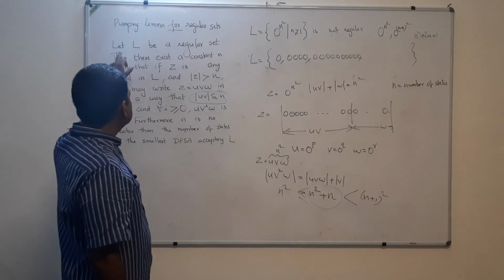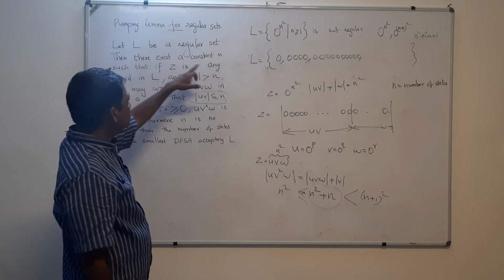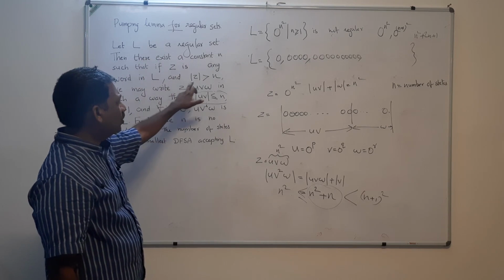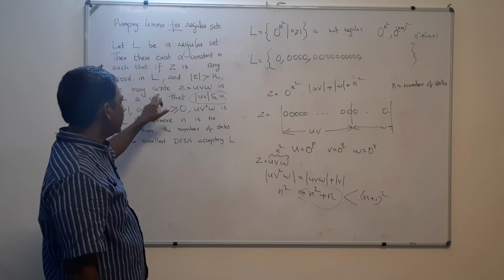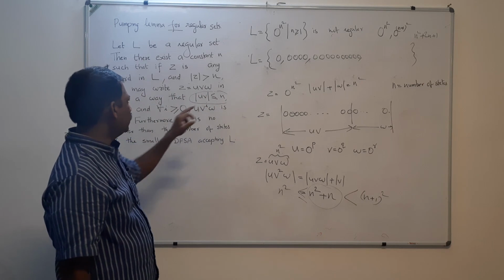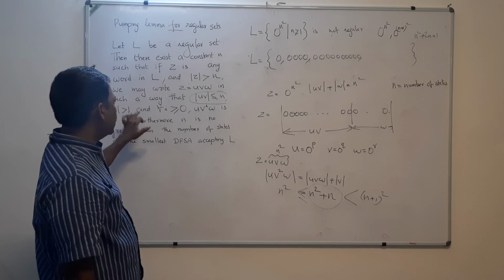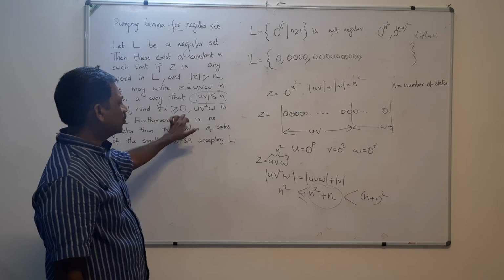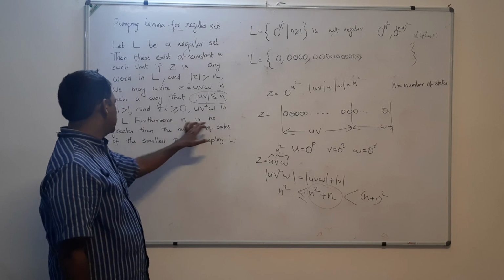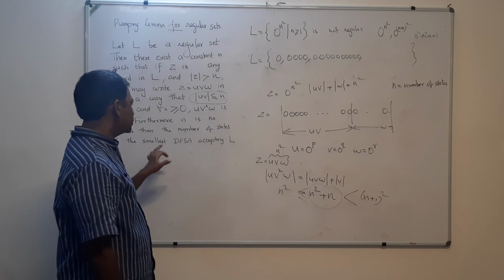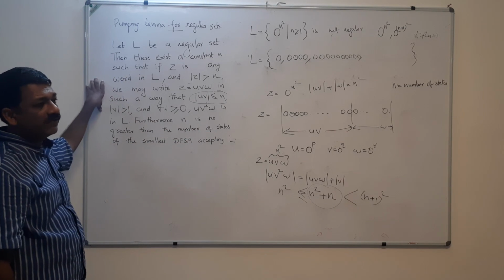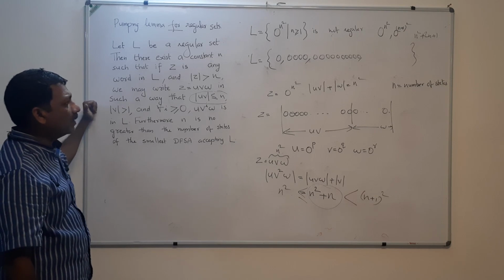The pumping lemma is like this: let L be a regular set, then there exists a constant n such that if Z is any word in L and modulus of Z greater than or equal to n, we may write Z is equal to UVW in such a way that modulus of UV less than or equal to n, modulus of V greater than or equal to 1, and for every i greater than or equal to 0, UV raised to i W is in L. Furthermore, n is no greater than the number of states of the smallest DFSA accepting L. So this is the statement of the pumping lemma.